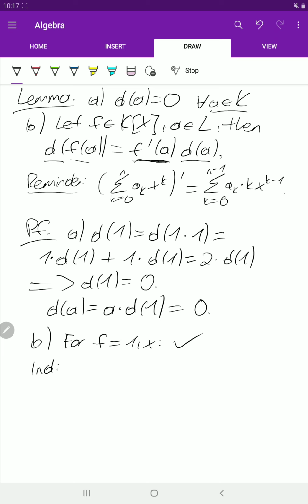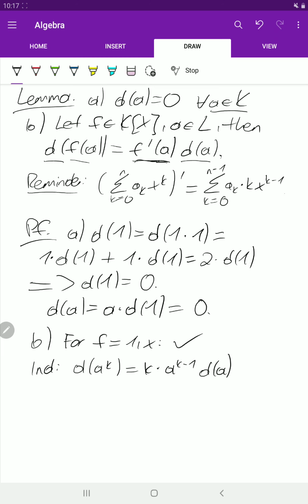Namely, we want to show by induction that D of A to the k is equal to, let me write it in another way, k times A to the k minus 1 times D of A.